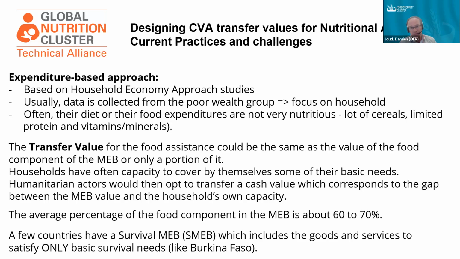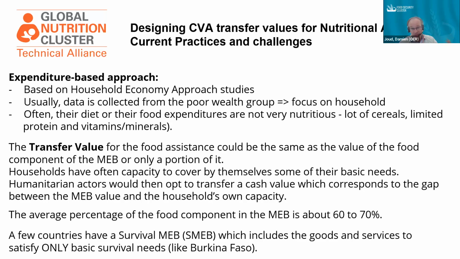Again, we focus only on households. But what we have seen is that there are two issues. The first one is that often their diet is not very nutritious. I can take the example of Bangladesh, where the composition of their meal is really heavy on rice. So there's a lot of cereal, and there's limited protein, vitamins or minerals.